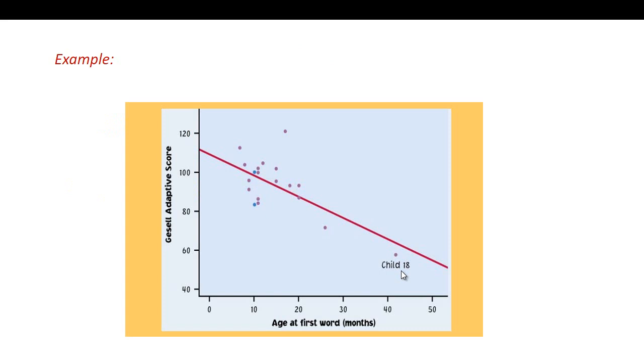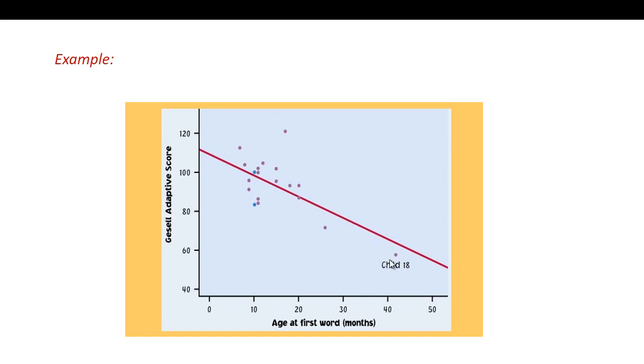So here's an example. Here we are looking at the age and the adaptive scores on the vertical axis. If we look at this regression line, notice that the data point right here we can think of as a suspected outlier in this scatter plot.